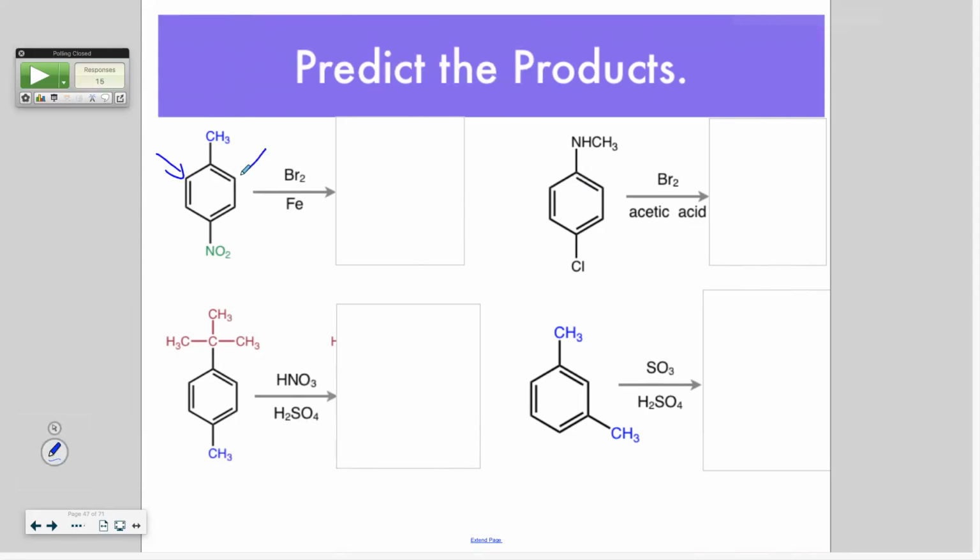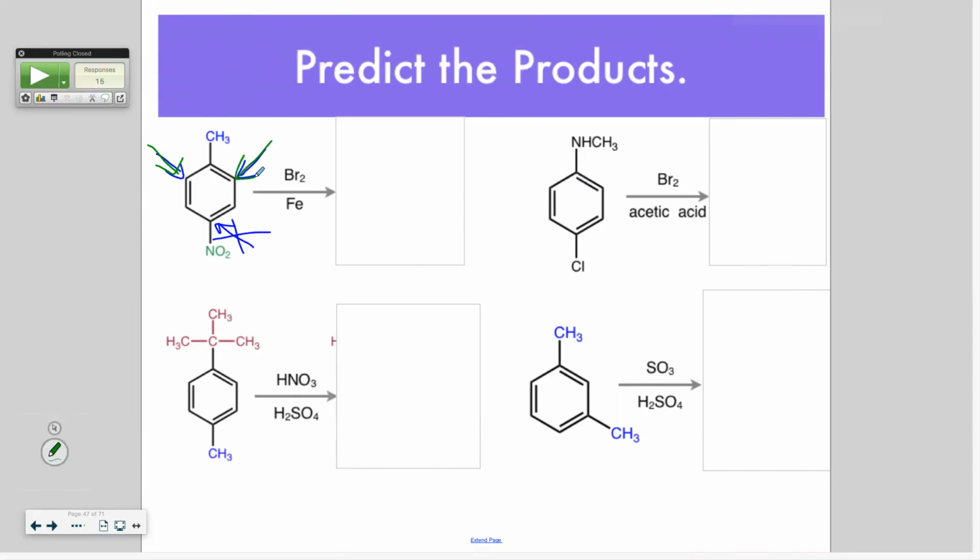So here's the ortho spot, and here's the para spot. What can you tell me about the para spot? It's already taken, right? The nitro is there. Okay, what is the nitro directing to? Meta. So, and it's meta to it. So what spots are those? This one and this one.